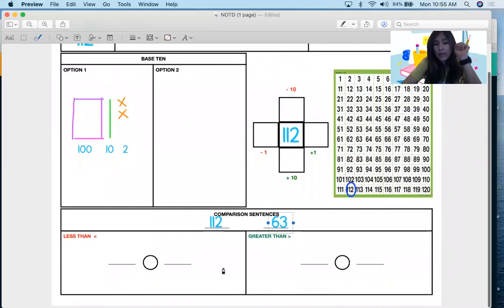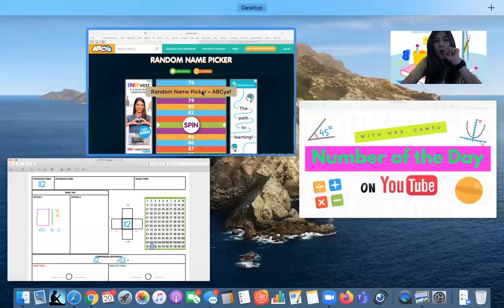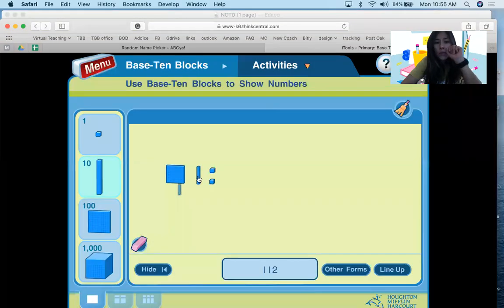Now, where to place your numbers where they belong? Here you're going to use less than. Here you're going to use greater than. And you are going to represent the number 112 in a different way. I want you to remember, when you decompose a 10, in order to represent the number in a different way, you have some options here, boys and girls.